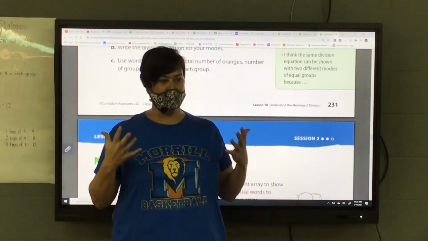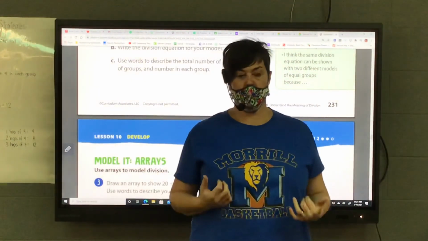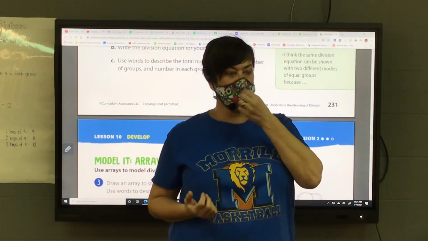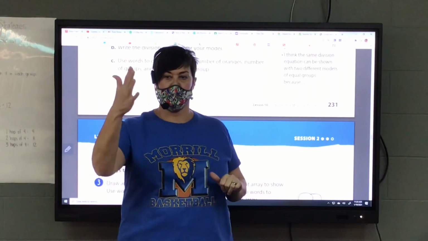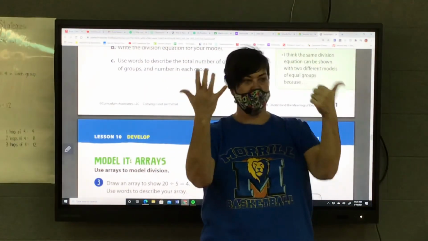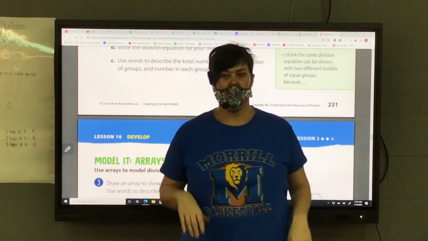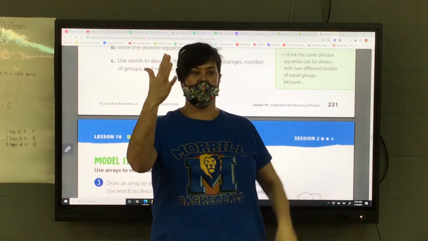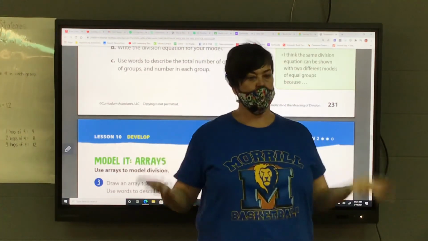When you're skip counting, you don't realize that that helps you with your multiplication too. Because when you have 3, 6, 9, 12, 15, 18, 3 times 6 is 18. All right? 3, 6, 9, 12, 15, 18, 21, 24. 3 times 8 is 24.